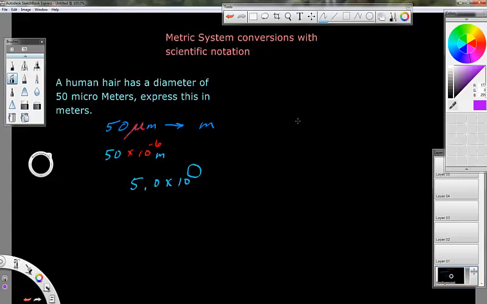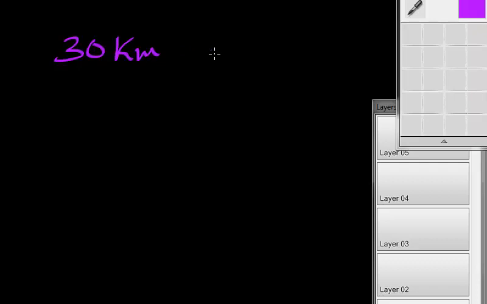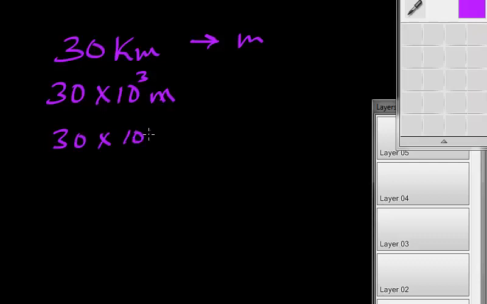If I have something like 30 kilometers, and I want to change this to the base unit of meters, just like the other one, it would be 30 times 10 to the third meters. Now, 30 times 10 to the third is actually equal to 30 times 1,000, which is 30,000.